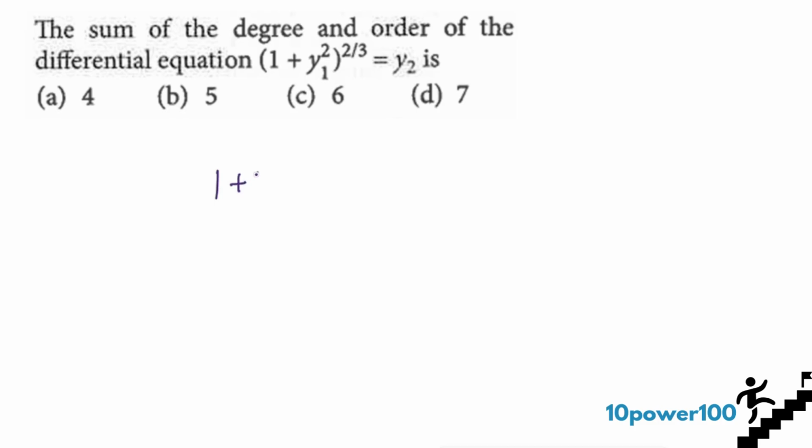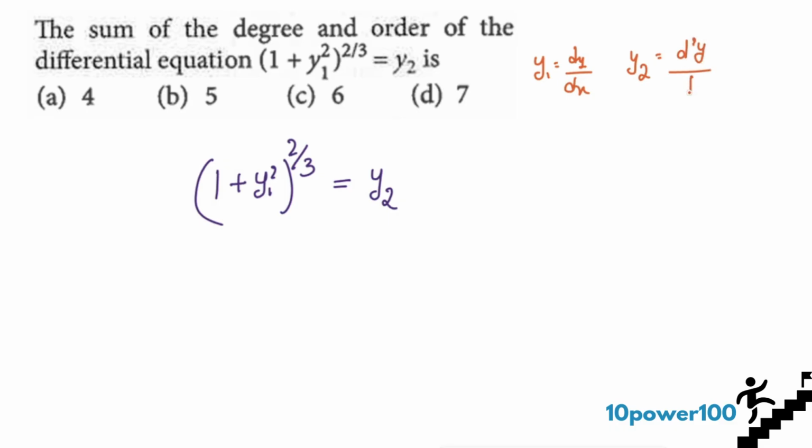Here y1 is nothing but dy by dx, and y2 is equal to d square y by dx square. That means first differentiation and second differentiation.